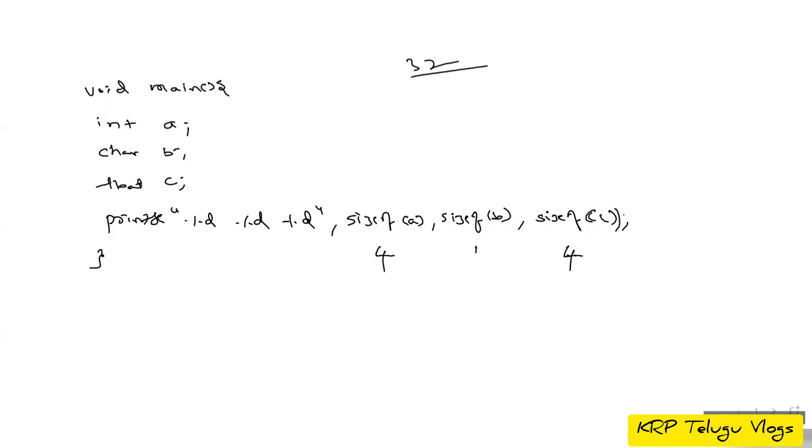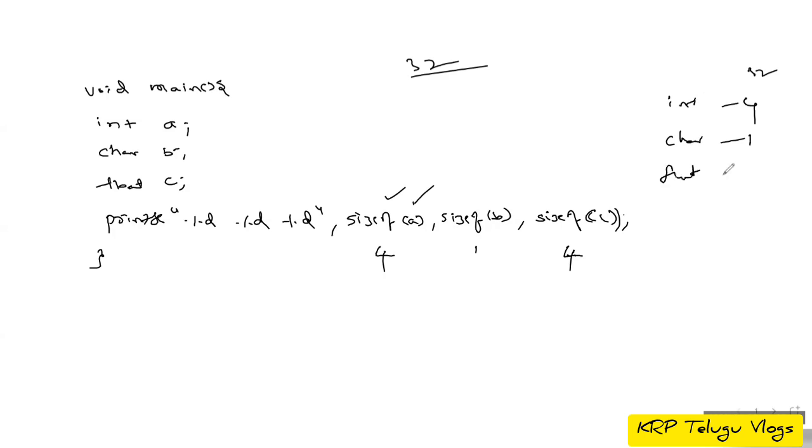Okay. So what will sizeof do? It will return the size of that particular data type. Sizeof(A): what is the data type of A? Int. Integer. What is integer size? Integer size is 4 bytes in a 32-bit compiler. Character size is 1 byte in a 32-bit compiler.